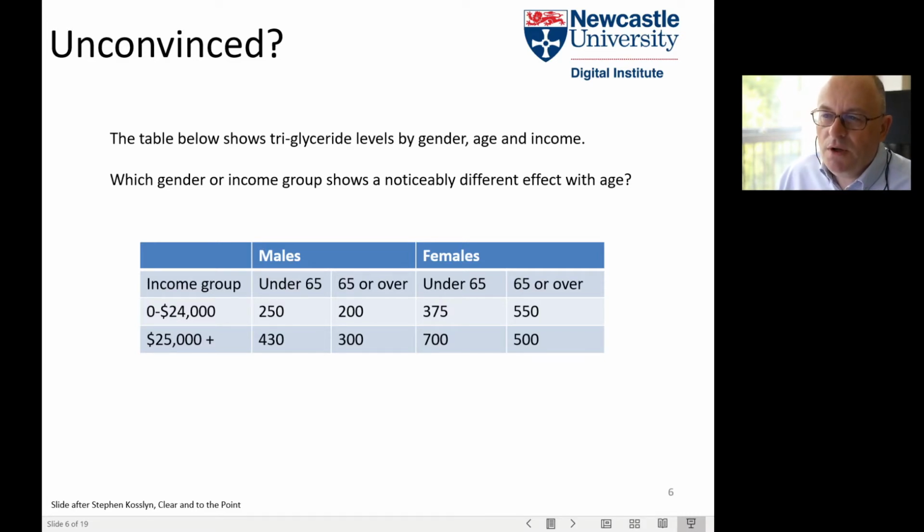So if you're unconvinced, perhaps that data visualization is worthwhile, have a look at this table here. It shows a certain set of values, triglyceride levels by gender, age and income, and just give yourself 5 seconds to decide which gender or income group shows a noticeably different trend with age.